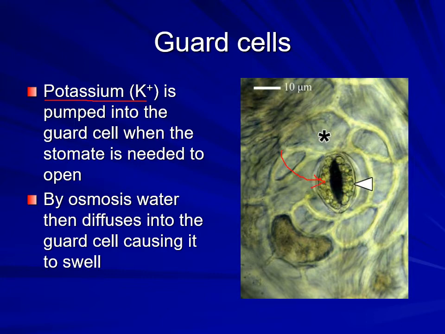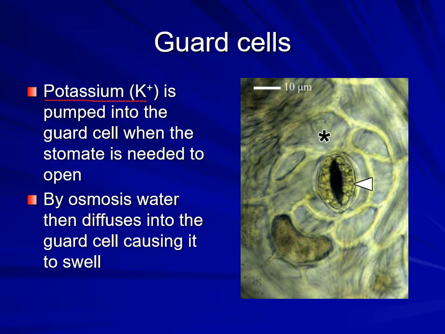Potassium is pumped into the guard cell, not the stomata, which increases the osmotic potential of that cell. And with increased osmotic potential, water moves from the neighboring cells into the guard cell, causing it to enlarge, which opens the pore. So the plant can control whether the stomata are opening and closing based on levels of potassium.